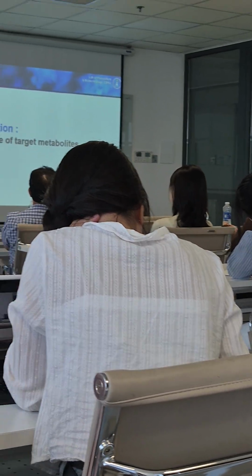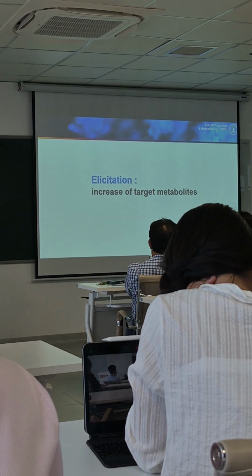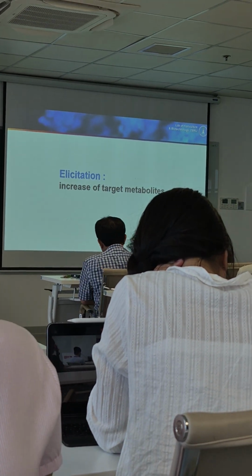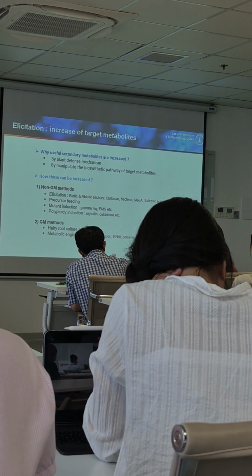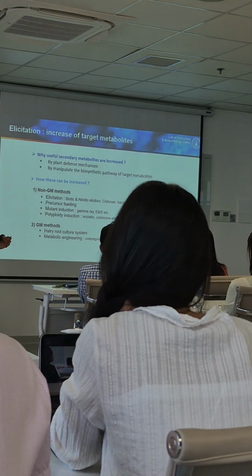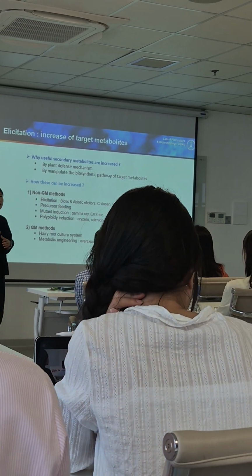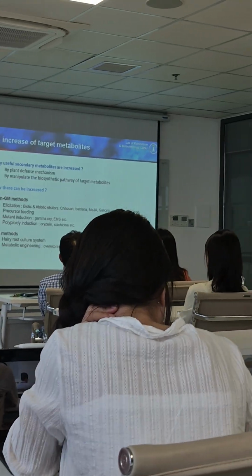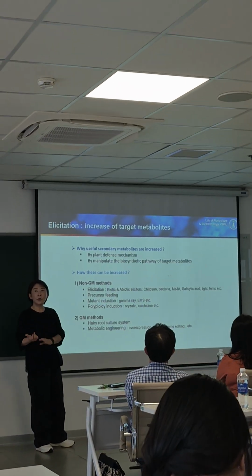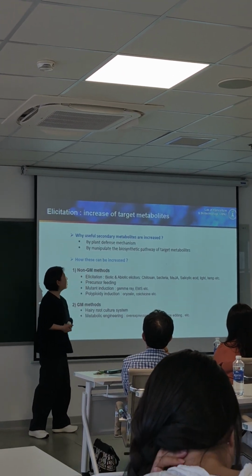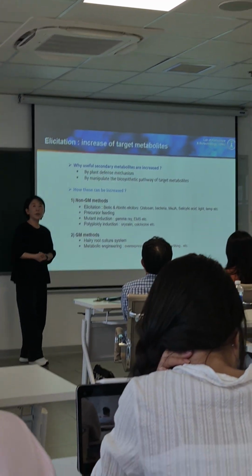And after we get some kind of material, whether it is hairy root, adventitious root or callus, then we have to increase the secondary metabolite from there. Usually the secondary metabolites increase when plants are affected by insects, fungi or bacteria, and the other way is when people manipulate the biosynthetic pathway of the target metabolite.